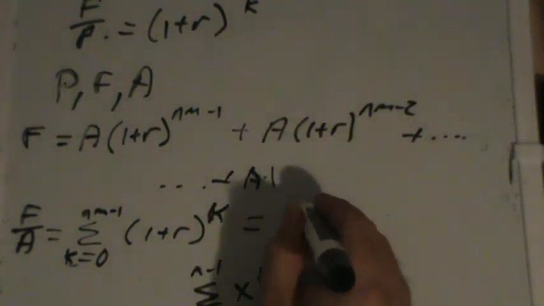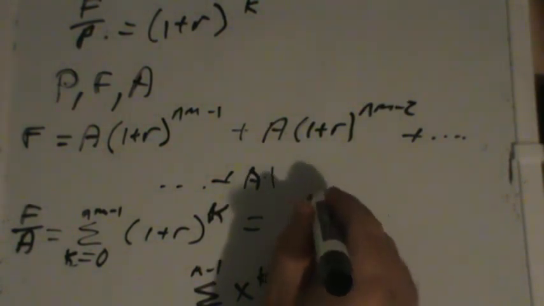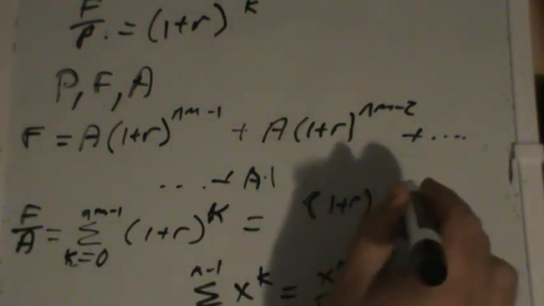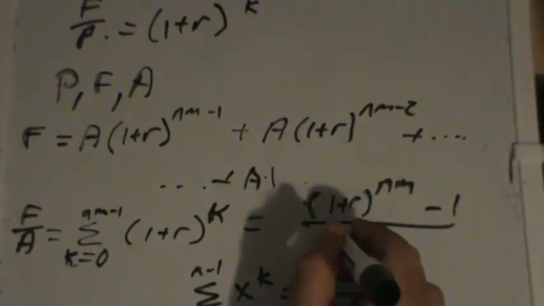I have the proof of this stuck inside my notes, so I'm not going to go over it here. Again, it's just a cute piece of algebra as far as we're concerned. But for our case, our m minus 1 is nm minus 1. That's up here. So I've got our x, which is 1 plus r, to the nm, minus 1, all over (1 plus r) minus 1. So that's taking the formula and translating it over.